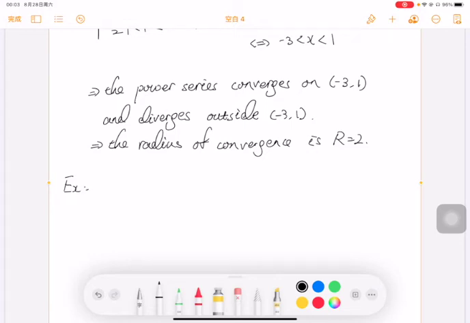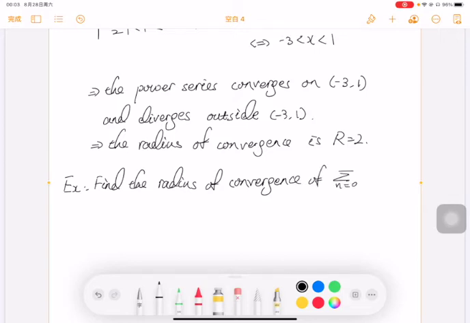All right, similarly, let's look at the radius of convergence of another power series. Find the radius of convergence of the power series going from 0 to infinity of x to the n divided by n factorial.